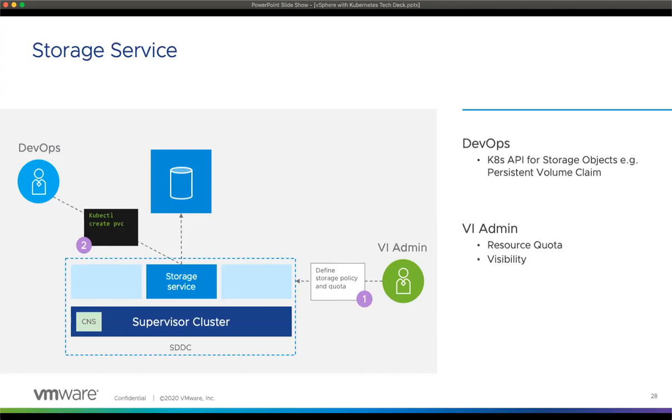Within vSphere, this is done using something called first-class disks. In vSphere 6.7 and earlier, I can create a VMDK, but it has to be attached to a virtual machine, because a virtual machine is a first-class object within the hierarchy of vCenter.